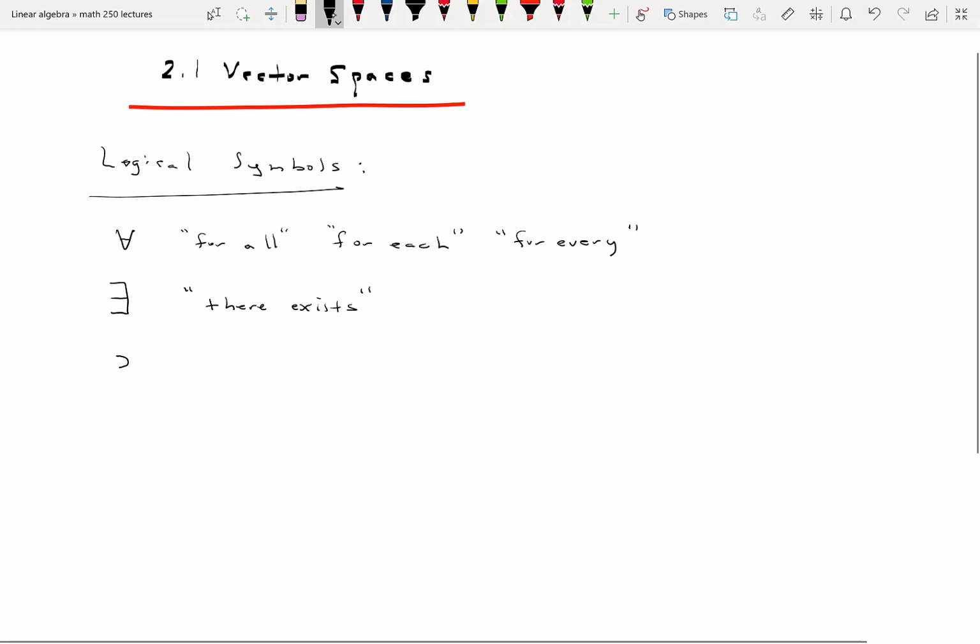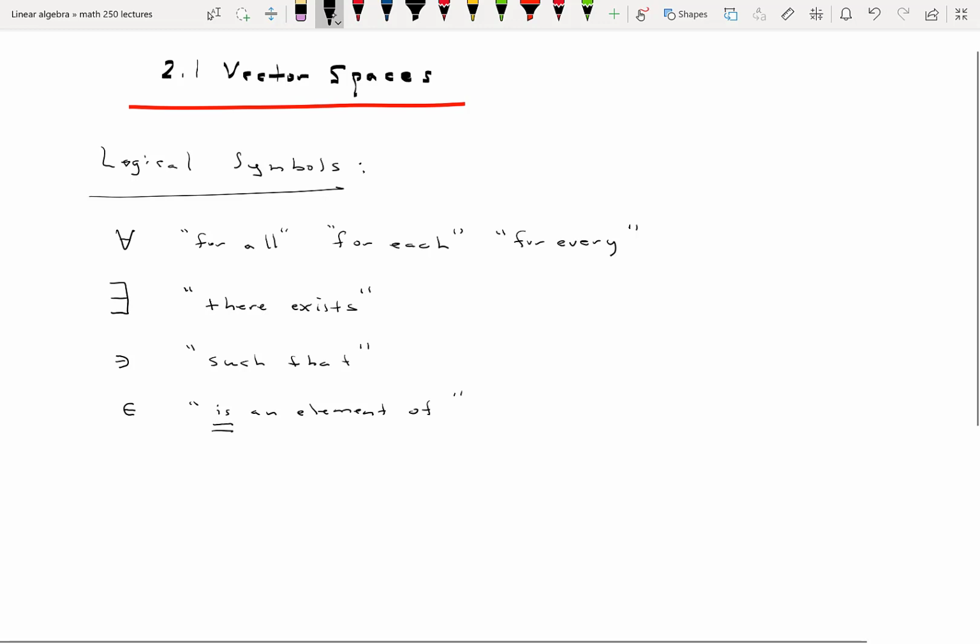A backwards epsilon, Greek epsilon, means such that. Such that. Yeah, I'll be giving you some examples in a minute of how to use these. The forward epsilon, the regular epsilon, means is an element of, and you can remove the word is if it's necessary.